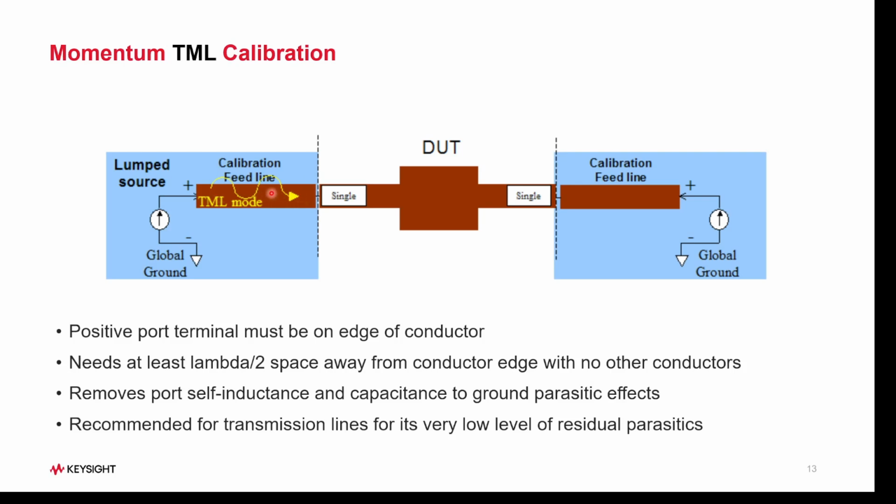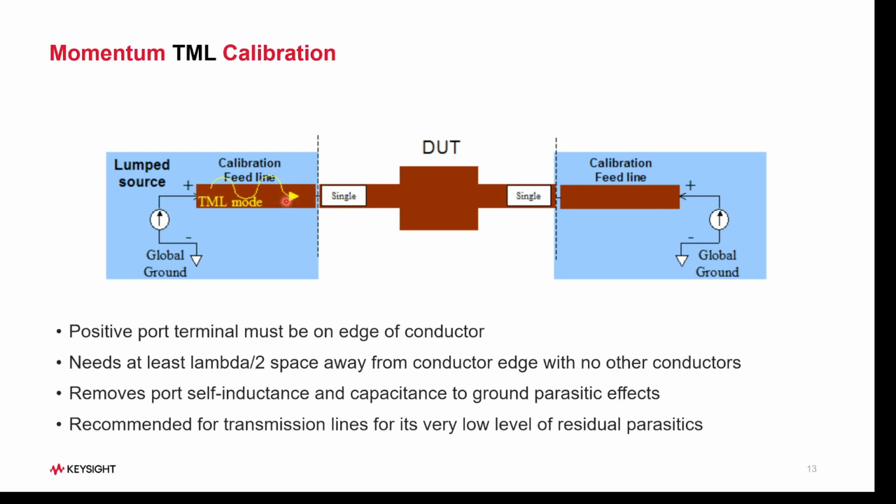As we discussed before, the self-inductance effect that comes from going from a lumped source to a transmission line of finite width can essentially be de-embedded out. So what happens?